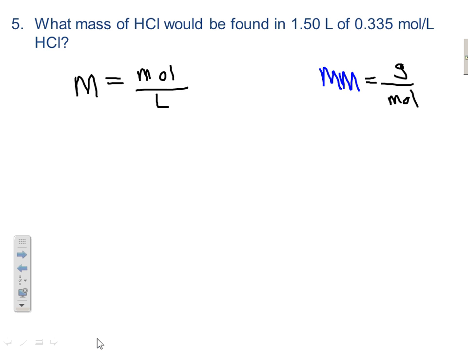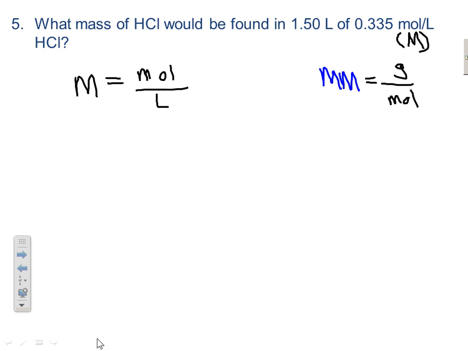I have liters, and I have the concentration in moles per liter. That moles per liter is the same as the molarity, so that number is in that spot. So what am I solving for first? What am I looking for in this first equation? Yep, moles. So I'm going to rearrange here.